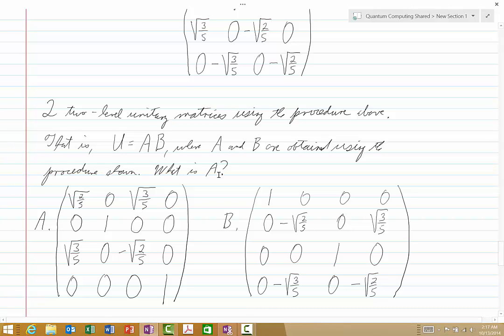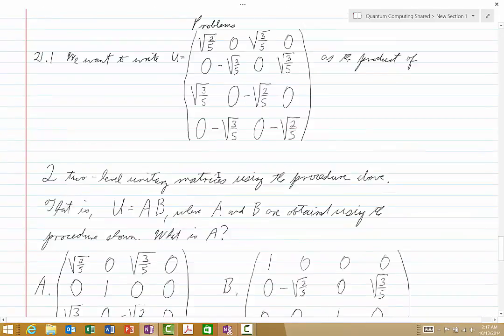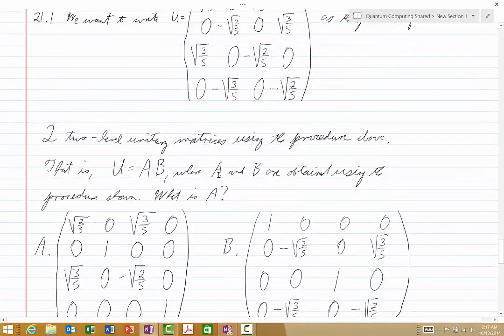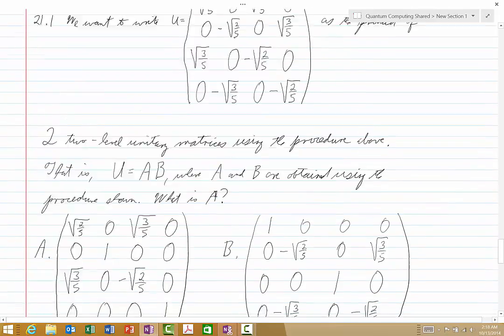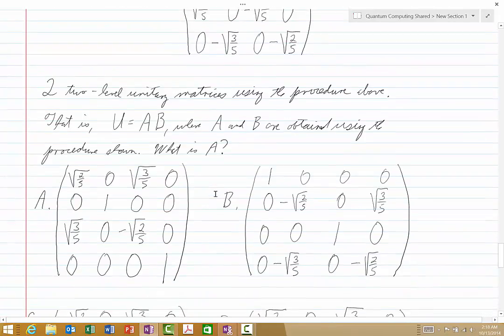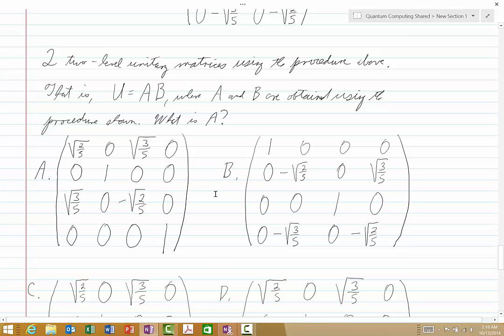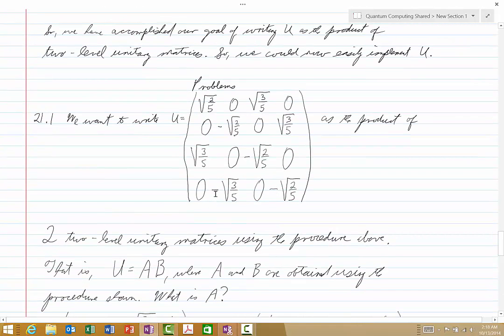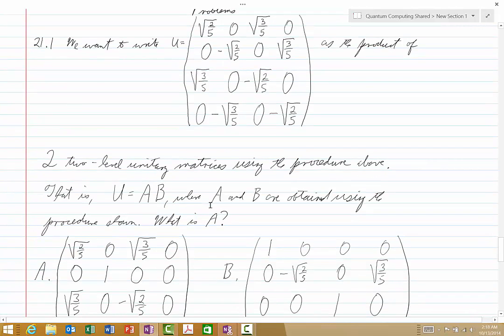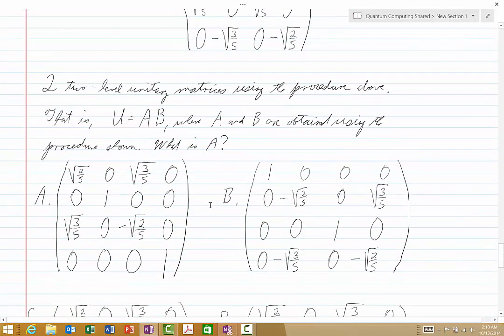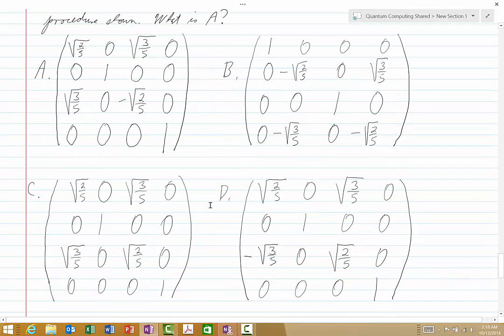I hope that you will also find B, and be careful now, you need to use the note above about how to find the last matrix. So I hope that you also find B, and then we'll verify that A times B is equal to U. But I'm not asking you to do all that, at least not yet. I don't promise that I won't do it later, but not right now. So all I'm asking you to do is find A. And here are the 4 choices.